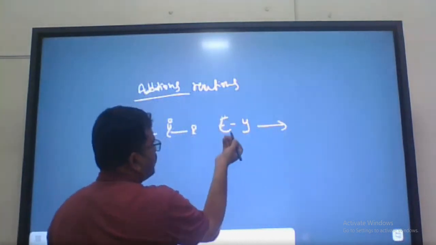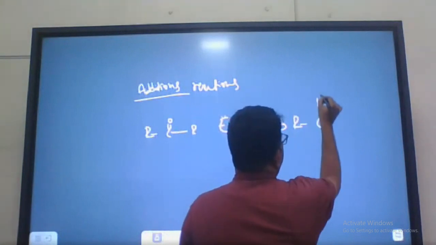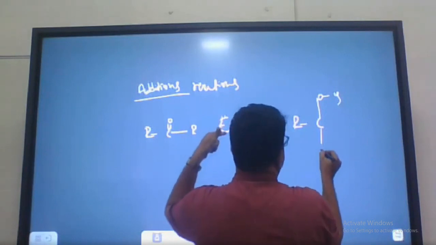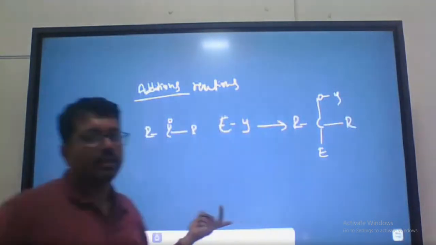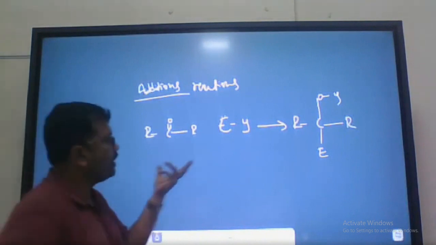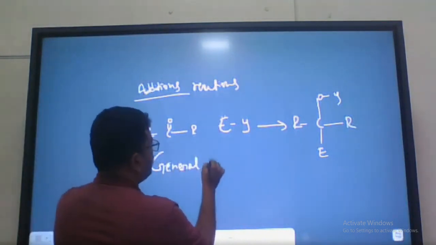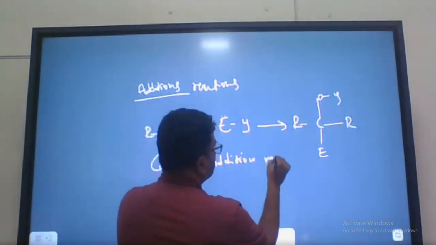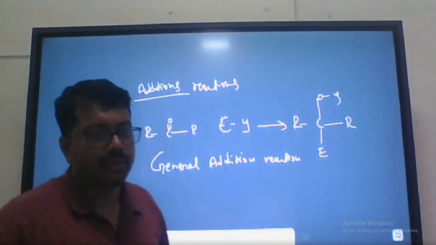If you say this is the nucleophile, it will attack here and this forms O minus. Take this Y and this is E, and become R. So these are the addition reactions. General addition reaction.